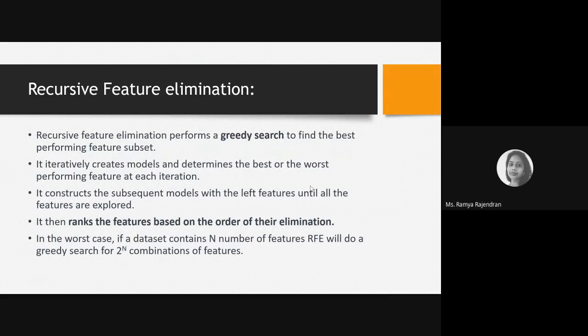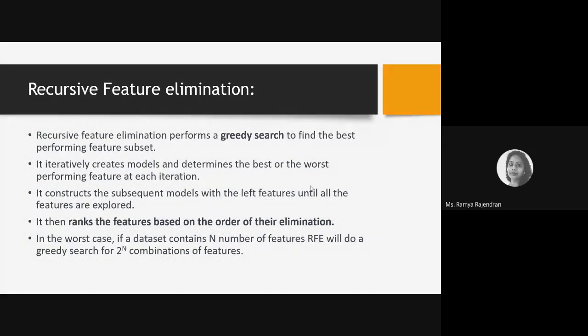For example, if you have 5 variables in your data set, you might end up with 2 power 5 different combinations. So it's time consuming, yes, if you have very big data, but you'll be able to get a very good subset with this method. It ranks your features based on the order of elimination.